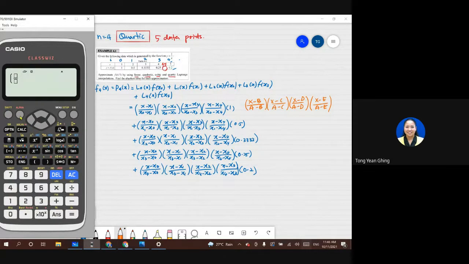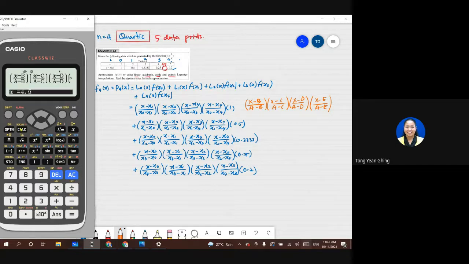Fraction, alpha x minus alpha b, alpha a minus alpha b, and then alpha x minus alpha c, alpha a minus alpha c, alpha x minus alpha d, alpha a minus alpha d, alpha x minus alpha e, and then alpha a minus alpha e, and then press calculate.